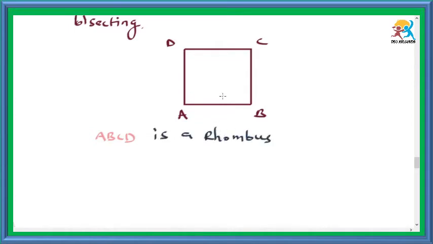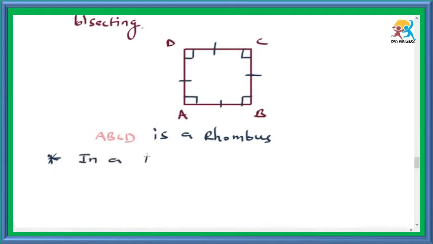I am saying that all sides are equal. Suppose in a rhombus, if one angle is 90 degrees, then what will happen? The opposite angle will be 90, then the adjacent angle will be 90, its opposite angle will be 90. So, it will become a square.